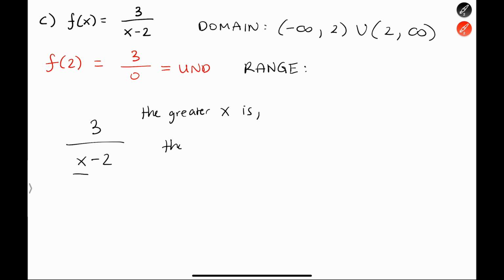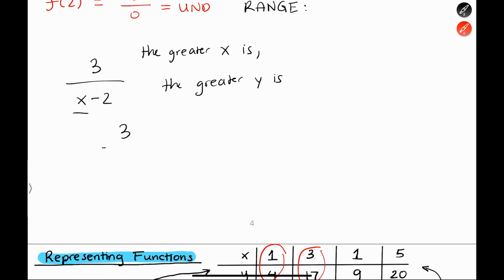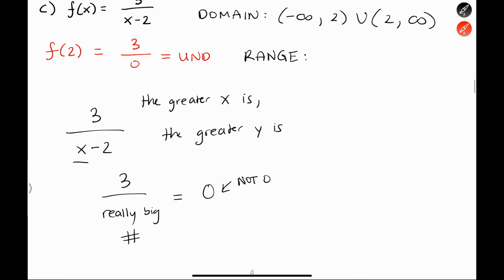But if you were to plug in a really distant point from 2, then you would have 3 over a really big number, and that's getting closer to 0. It's not exactly 0, but it's getting closer to 0.